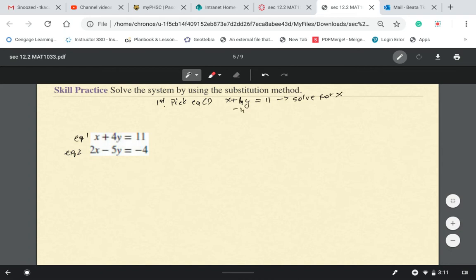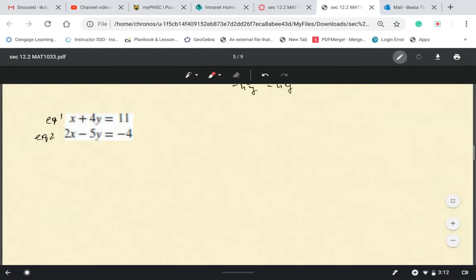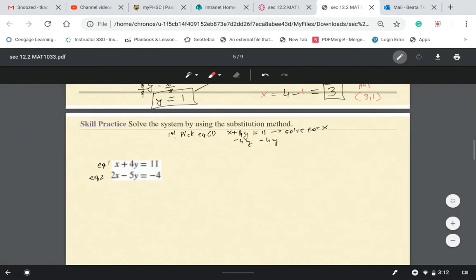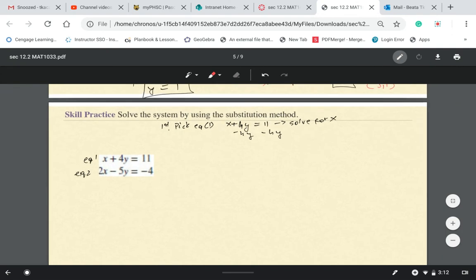So we will subtract 4y from both sides. And that will give you x equal 11 minus 4y. So this is the expression for x from equation 1. And what I'm going to do is replace x in the second equation, because I didn't touch the second equation yet, with 11 minus 4y.